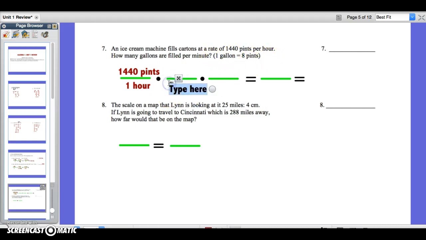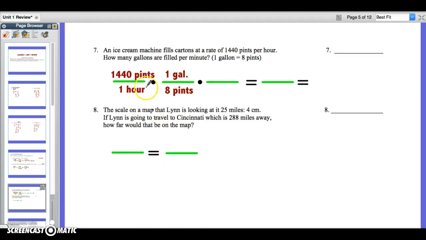So I'm going to put 8 pints on the bottom here because I want the pints to cancel. And when we're multiplying fractions and we have something on the top and on the bottom, it will actually cancel. So then my 1 gallon is going to go on the top here. So my pints are going to cancel with my pints, and I am going to have gallons left, which is great. Now I want gallons per minute.